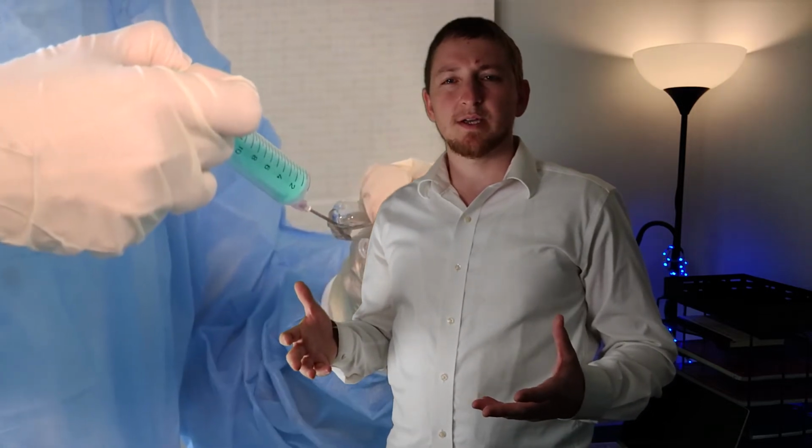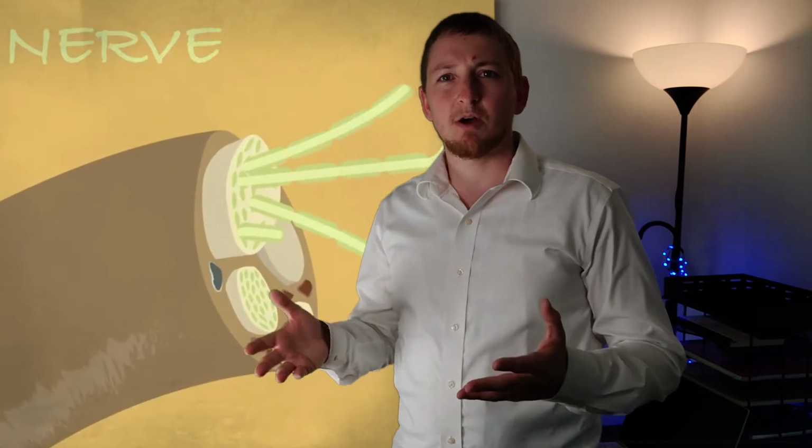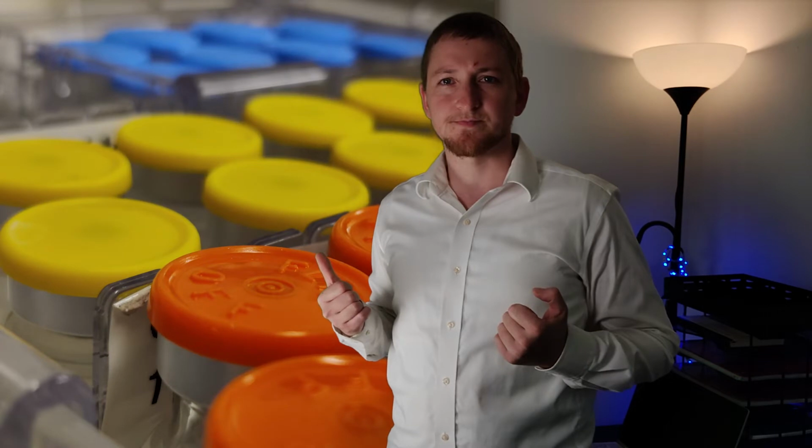So what we do is we inject a medication called local anesthesia, which we deposit around one of these nerves that's relevant to the area of the surgery you're having. And this way we block these electrical impulses from arriving at your brain.